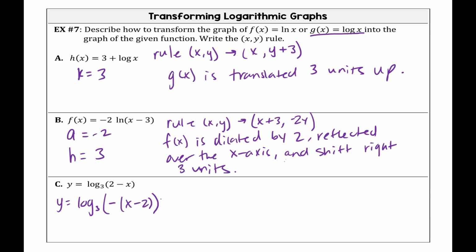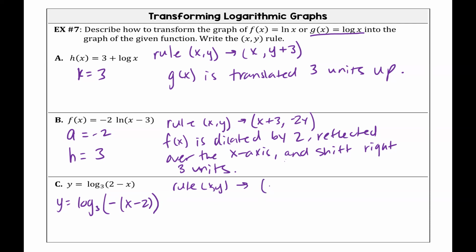All right. So what are we doing here? It's not left, it's right. Yes. So our rule, what's happening to our x's and y's on our table? Are we doing anything to y? No, there's nothing outside of the function, right?